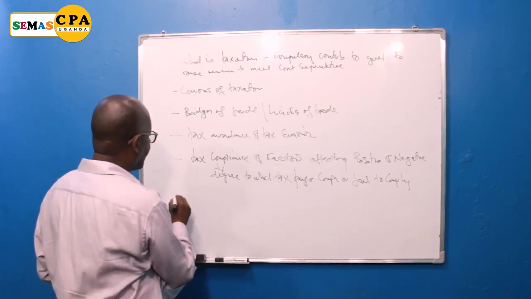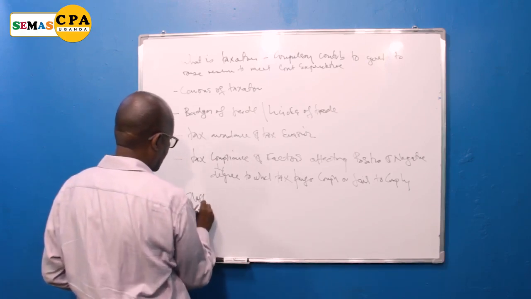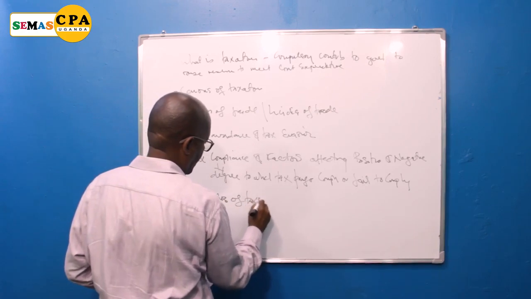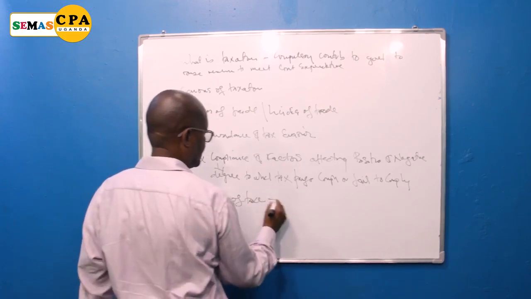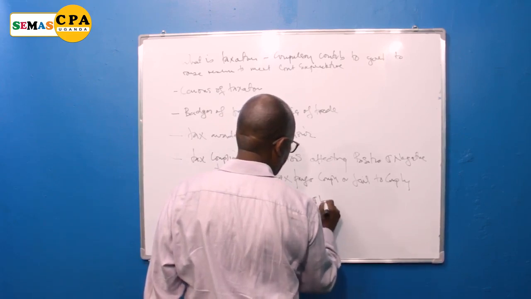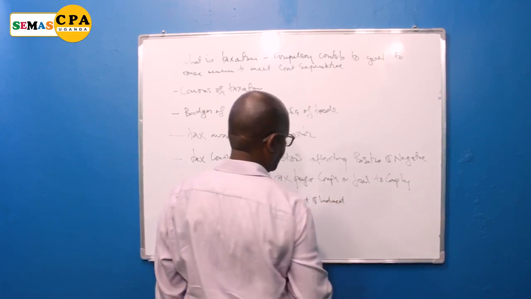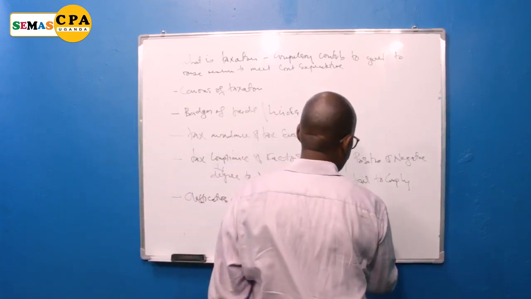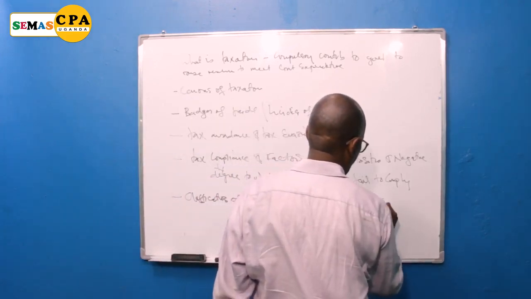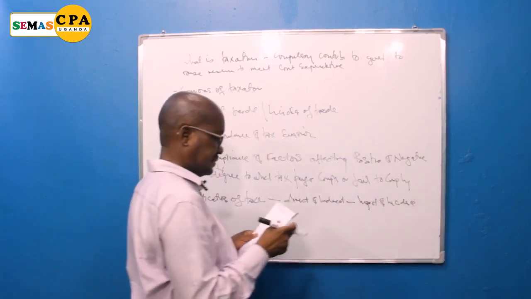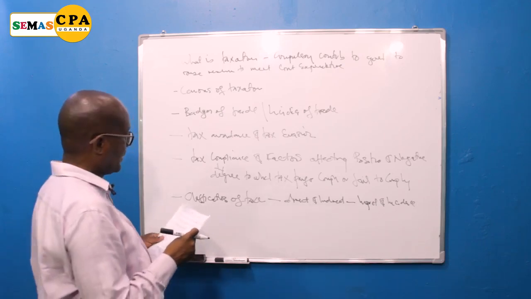We need to know classifications of taxes: direct and indirect. And that means we need to know impact and incidence. Are we there?